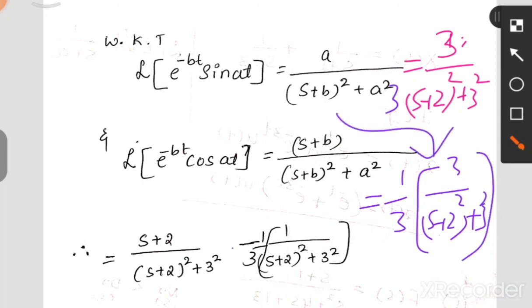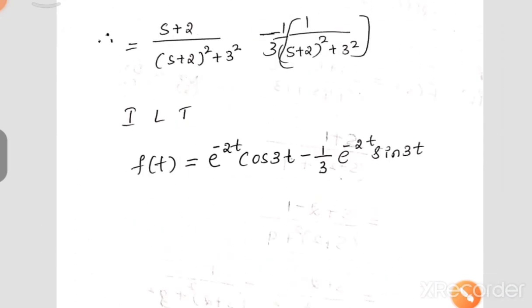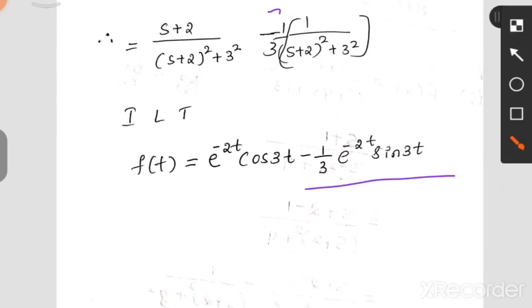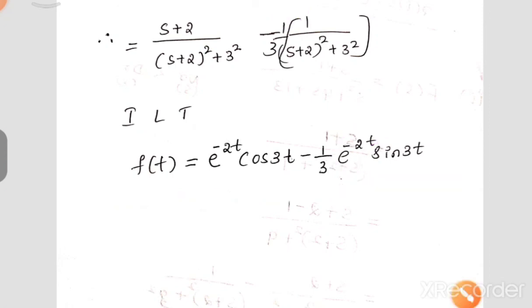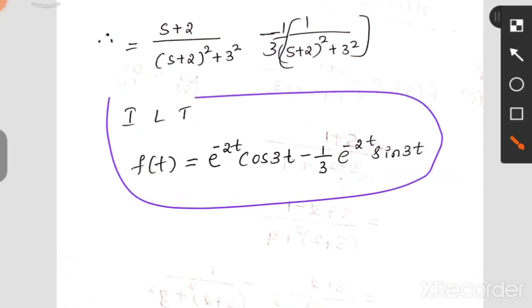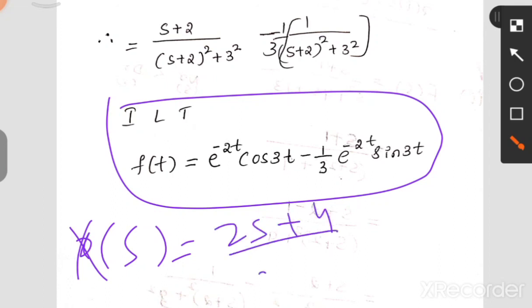Therefore, minus 1 by 3 e raised to minus 2t into sin 3t we can take. This is the inverse Laplace transformation of the signal X of s, which is equal to 2s plus 4 divided by s square plus 4s plus 3.